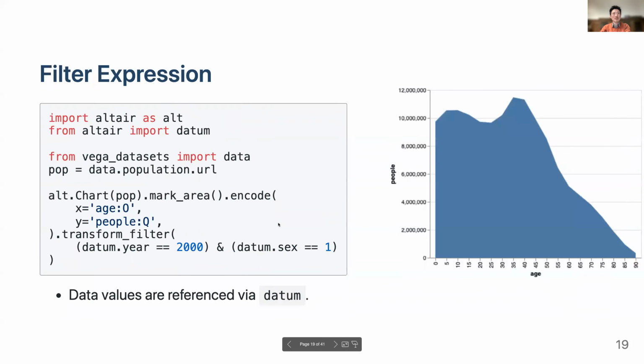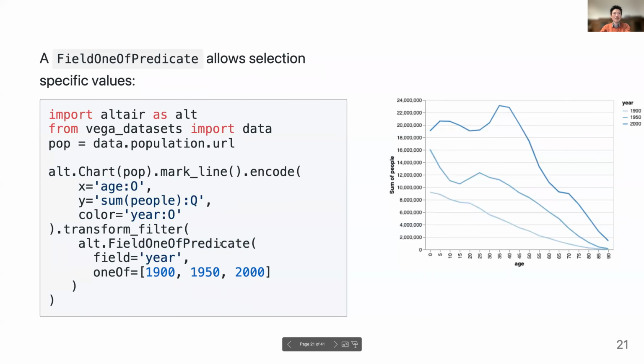Imagine here, instead of and, you use an or, and you can express it this way. It says the field is either 1900 or 1950 or 2000. So that's why you get these straight lines here: this is 1900, this is 1950, and this is 2000. This is one of the ways to do ORs.